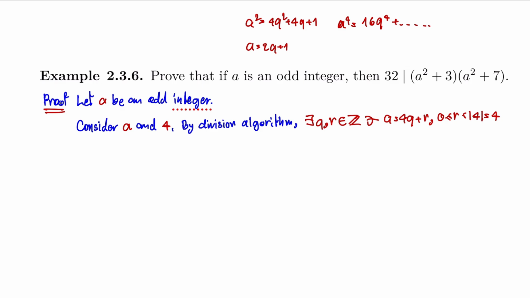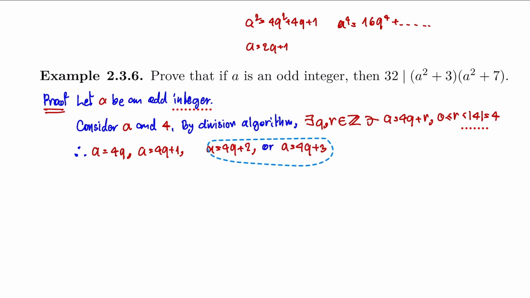So now, what do we have? We have a equal to 4q in the case where r is 0, a equal to 4q plus 1, a equal to 4q plus 2, or a equal to 4q plus 3. All these must be connected by or.